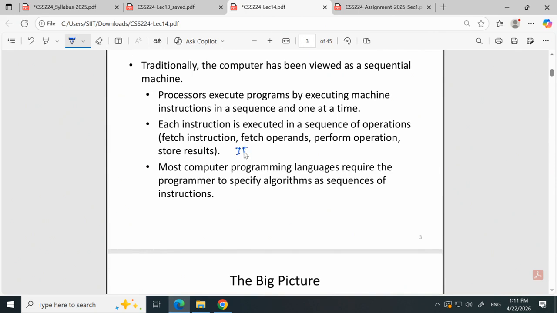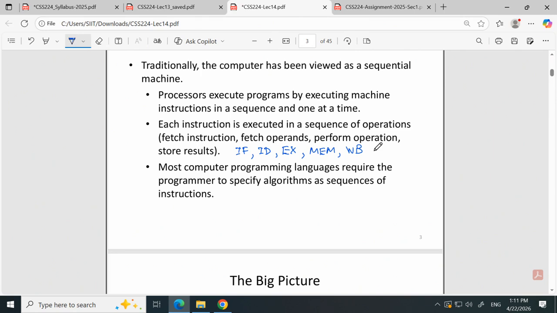Instruction fetch, instruction decode, execute, memory, and write back. I encourage you guys to remember all this. Just 5 stages, right?